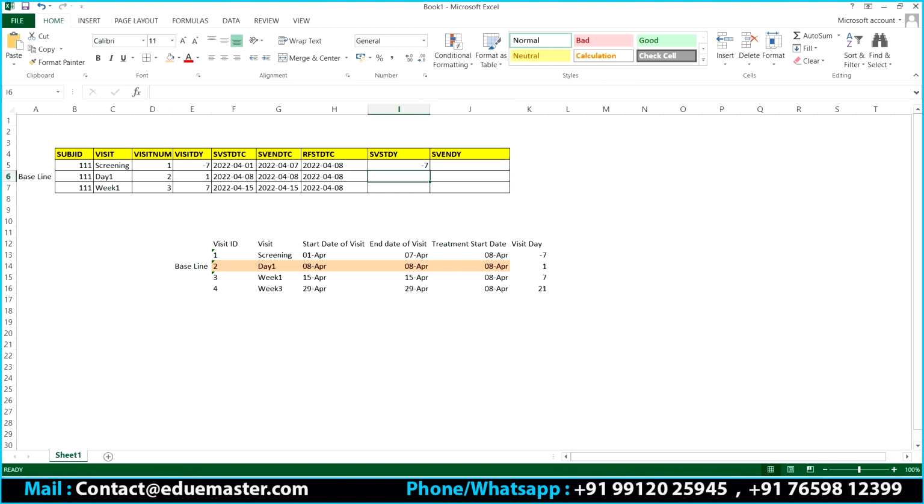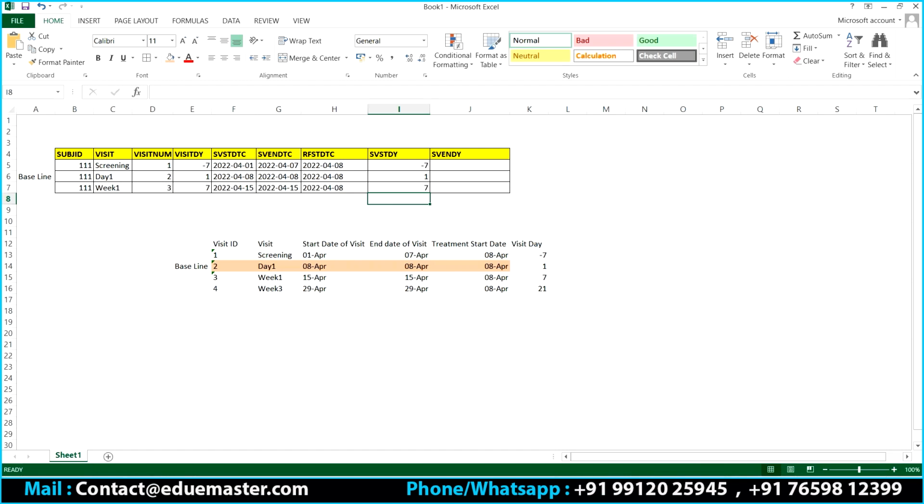Clear? What is the second one? Both are equal. If it is on or after, it means SVSDTTC minus RFSDTTC plus 1. That is 0 plus 1, which is equal to 1. Correct? The next one, if SVSDTTC is after the treatment, simply I'm going to subtract it: 15 minus 8, which is equal to 7.